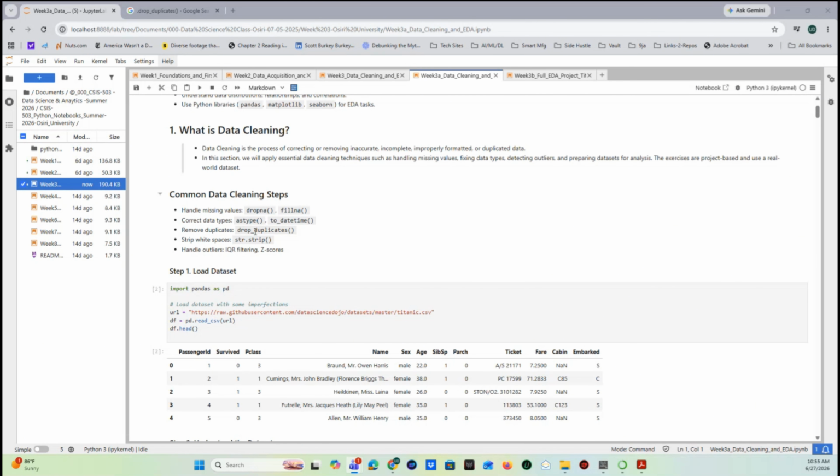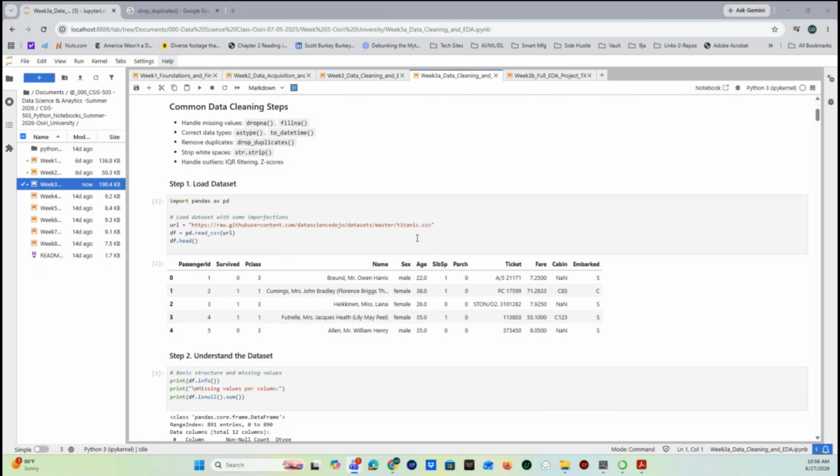Or if there are duplicates, I want to drop those duplicates, I can use drop_duplicates. Or if I want to strip white spaces, there are some white spaces in a text, this is what I use, a method like this. And then if I want to handle outliers, I can use IQR filtering and Z-scores. So these are statistical tools here, right, that you can use to filter or handle outliers.